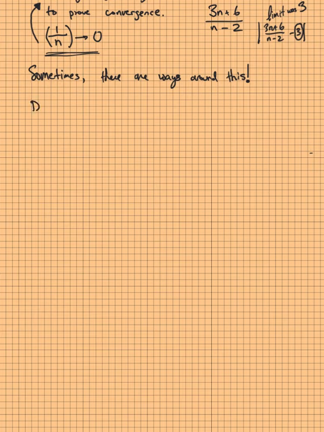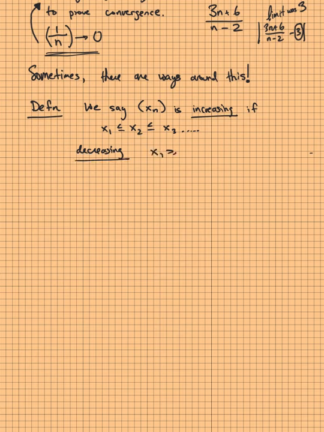Okay, so here is a definition. We say the sequence xn is increasing if x1 is less than or equal to x2, less than or equal to x3, and so on. Okay? Decreasing is just exactly x1 greater than or equal to x2, and so on. Okay?